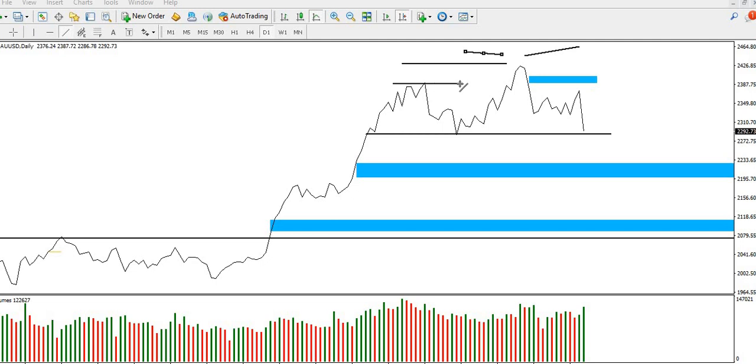This was the head of the pattern, and this is the right shoulder of the pattern.